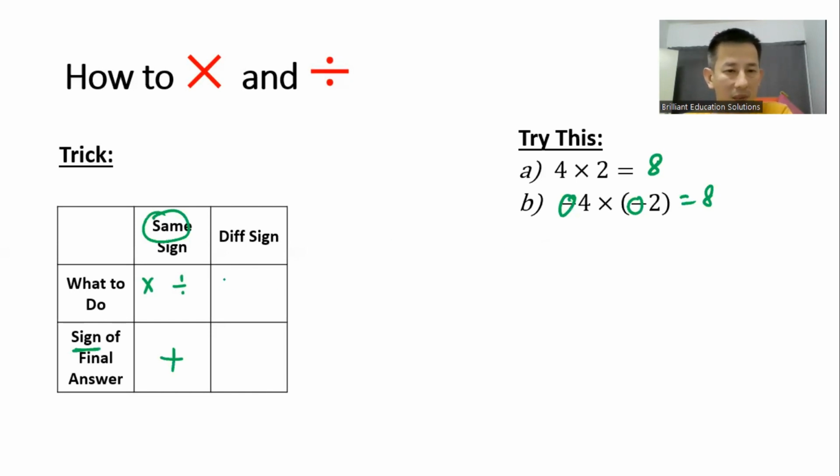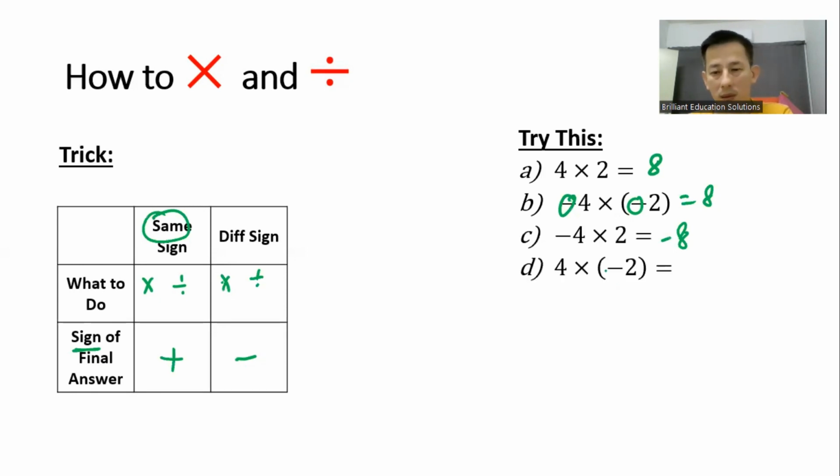If different sign, we just time or divide normally, but the final answer is minus. So negative 4 times 2: 4 times 2 is 8, and the final answer is minus. Same, this will give you negative 8. This applies for divide as well.